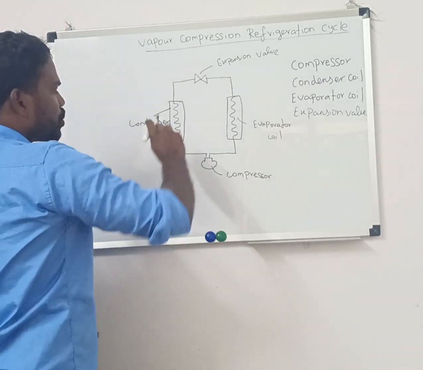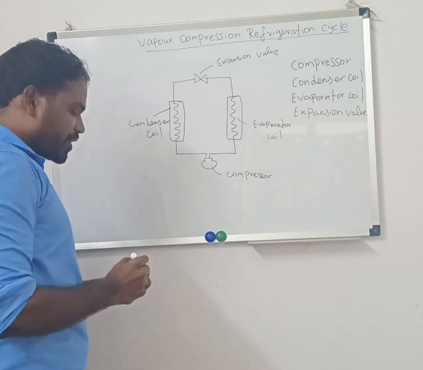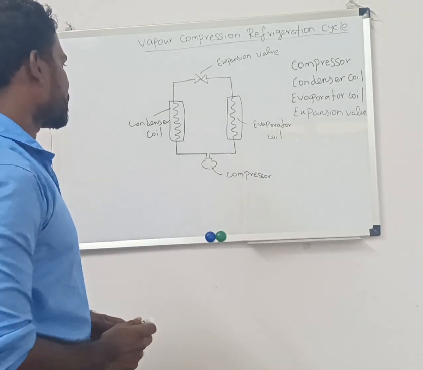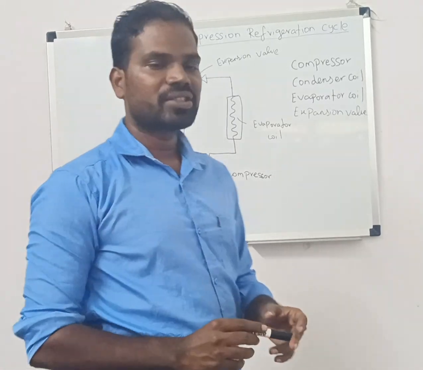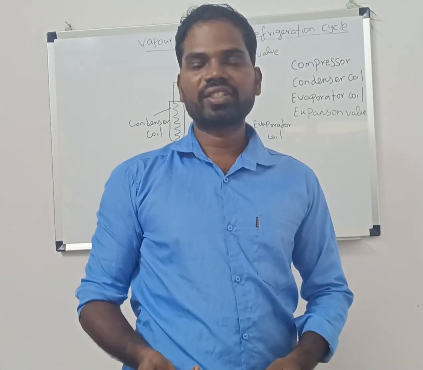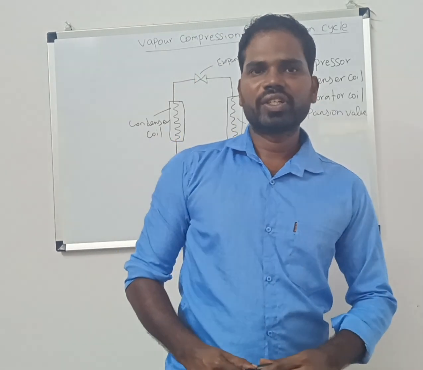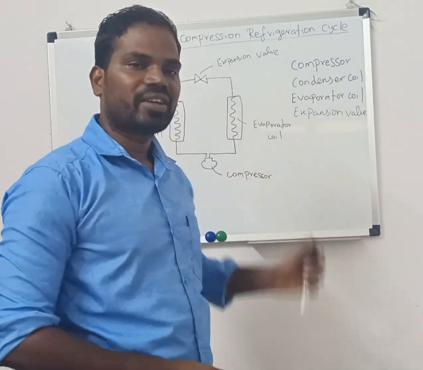Because it is exposed to the atmosphere, it reduces the temperature of the refrigerant. There are two kinds of condensers available: one is the water cooled condenser, another is the air cooled condenser, and some different cooling mediums can be used to cool the condenser coil.